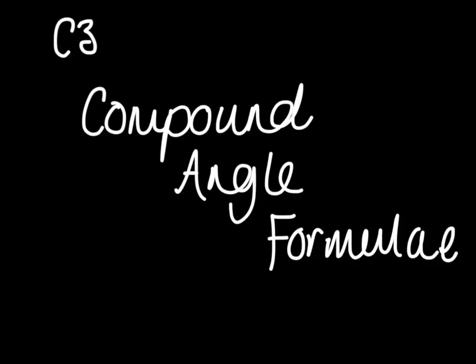So the compound angle formulae are brilliant things for allowing us to split known angles into angles that we can calculate maybe without a calculator, or for finding out information about things that are tucked up together.